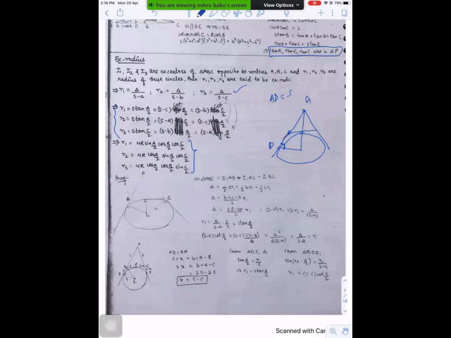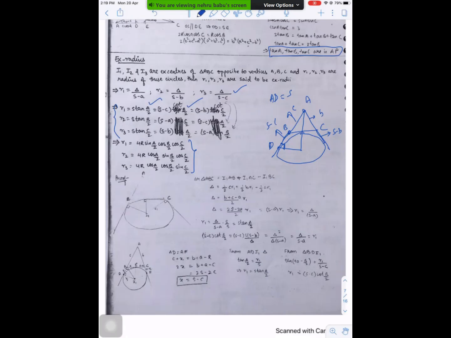And from here to here, this is s minus c and this is c. So from B to the excircle opposite to A is s minus c. In the same way, from C to this part is s minus b, and here is b. So the total length is s. From this only, the formula s minus c cot B by 2 will come. And R1 equal to s tan A by 2 is also a formula from this.